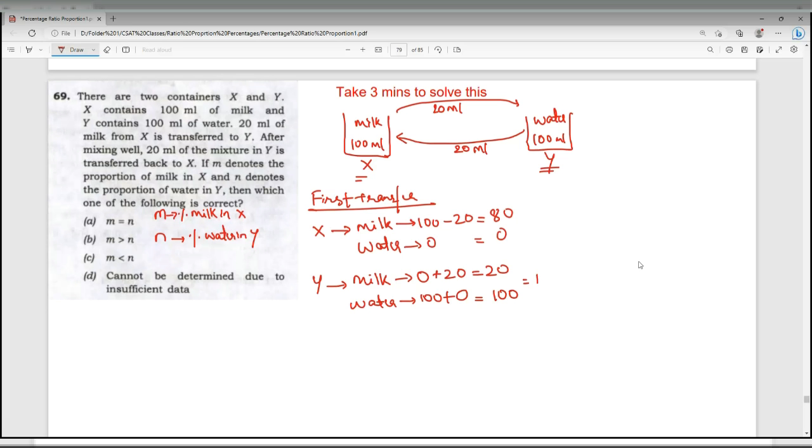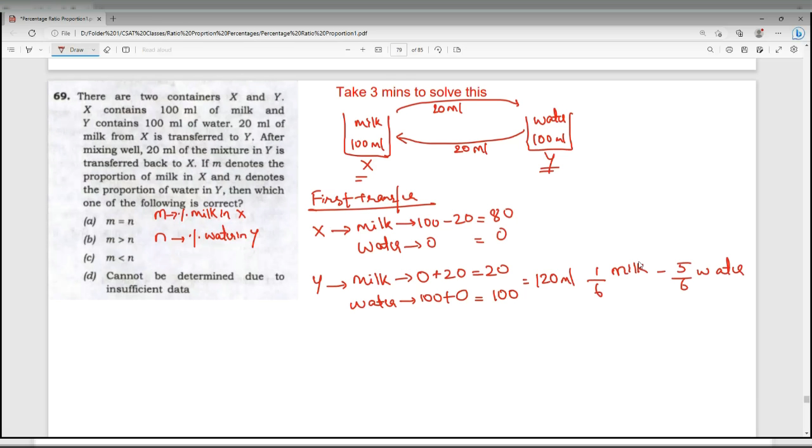There is a total of 120 ml of liquid. Of this 120 ml, 1/6 would be milk and 5/6 is water. How did I calculate this 1/6?